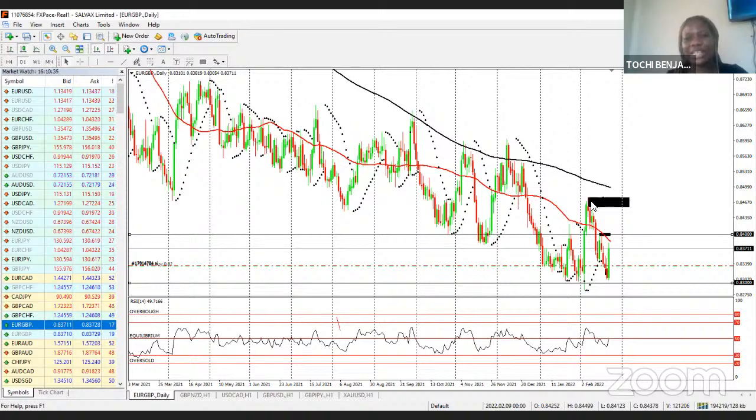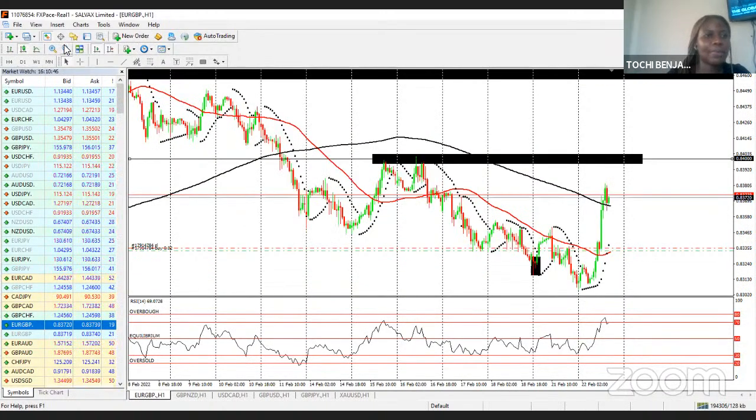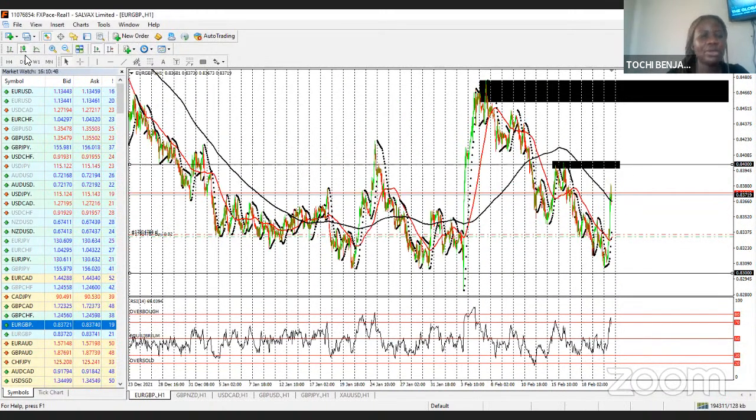These areas can be broken. If a support is broken, it's expected to give you a retest. What we're saying is, if price comes here and takes out this level, we say a resistance has been broken. But would you buy here?